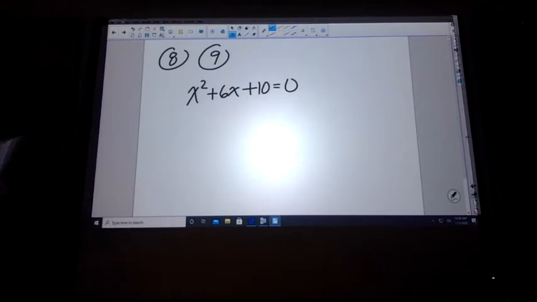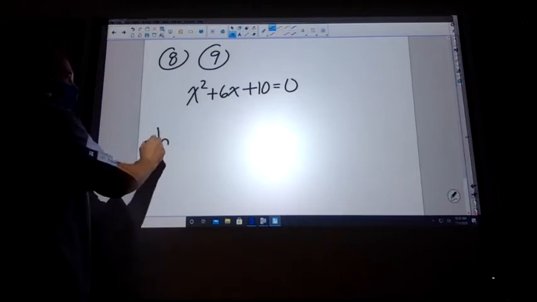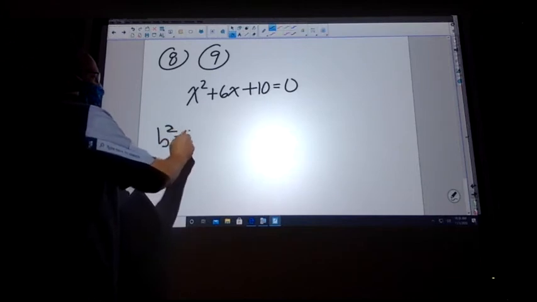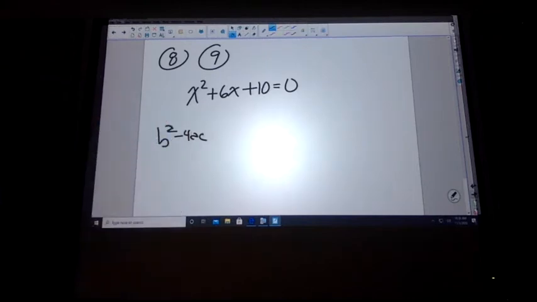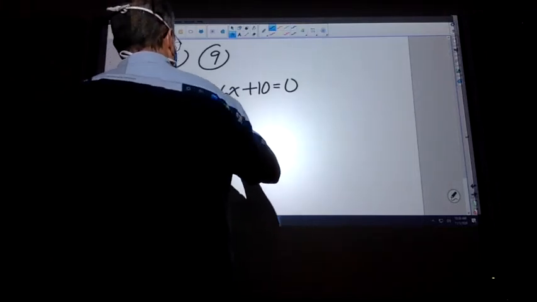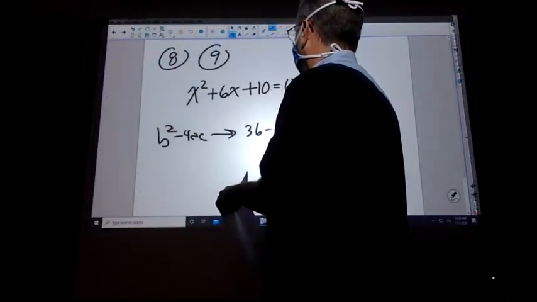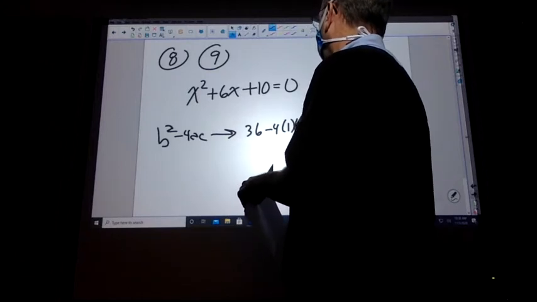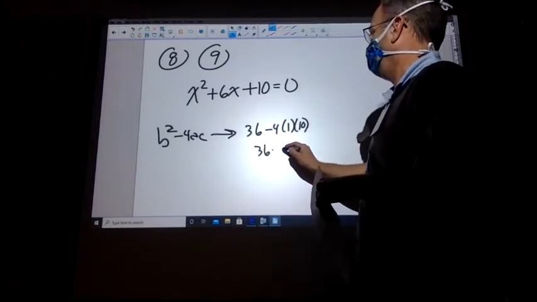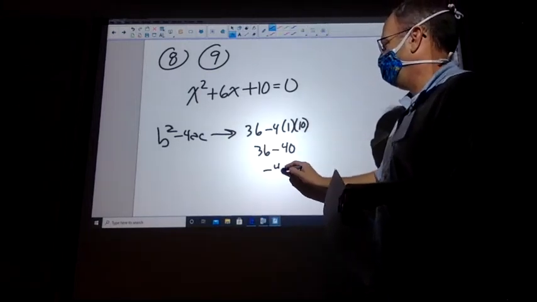This wouldn't factor, but if I knew that b squared minus 4ac, my discriminant, is 36 minus 4 times 1 times 10, so 36 minus 40, I get a negative discriminant.